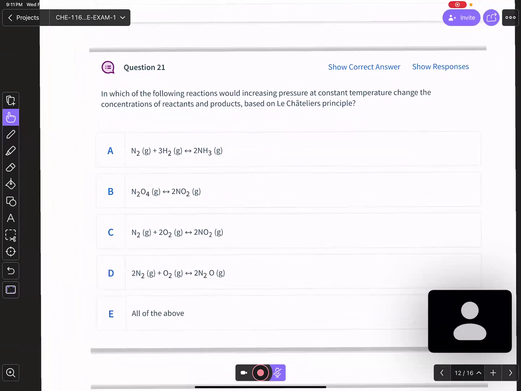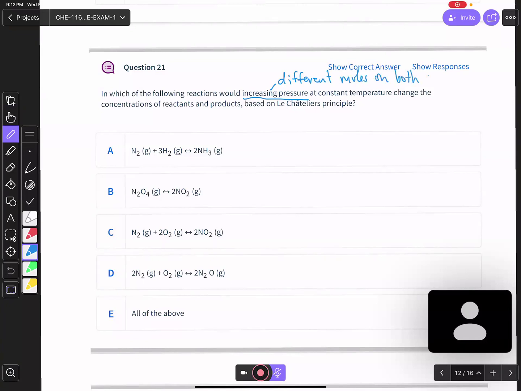So 21 is an example of Le Chatelier's principle, right? Which of the following reactions would increase pressure at constant temperature, change the concentration of reactants and products? And in order to change the concentration, if we increase pressure, we have to have different moles on both sides, right?